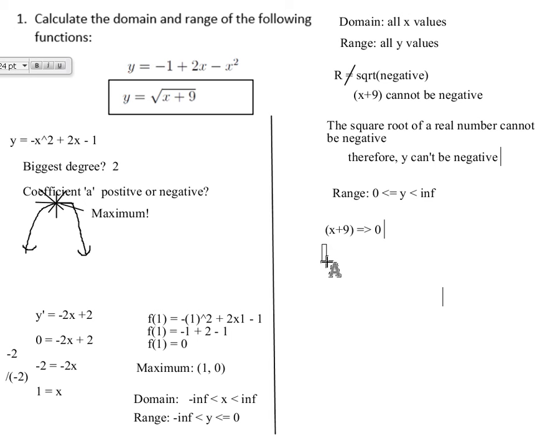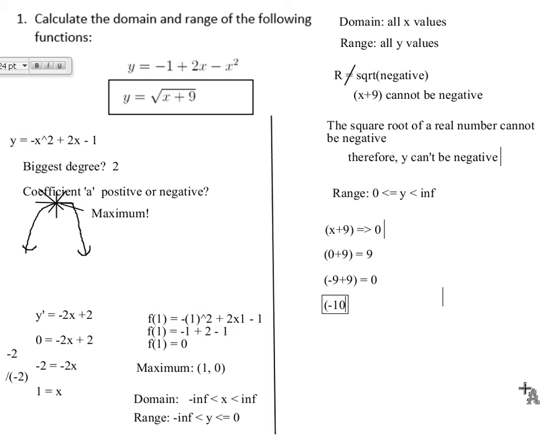Yeah, because 0 plus 9 would equal 9. What we're after is negative 9 plus 9 will equal 0. Okay, so negative 9 is the smallest number that x can be.